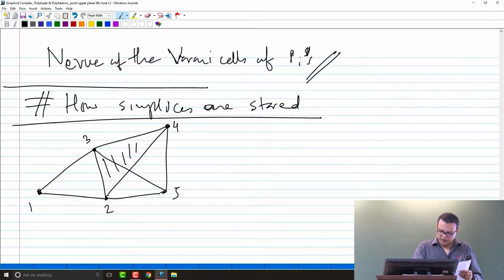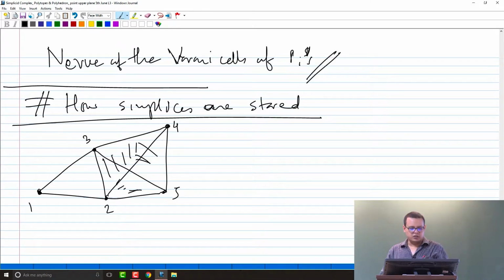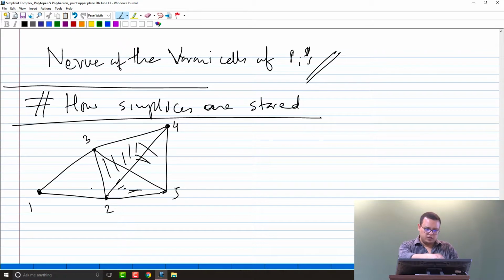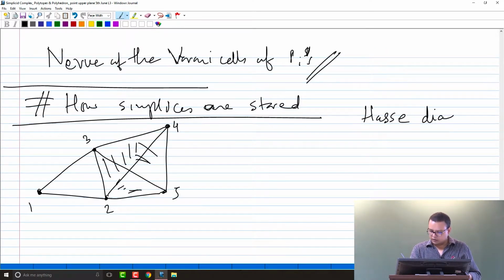This tetrahedron is present also, and all its faces are present. So, this is a simplicial complex: the edges are present, the vertices are present, the whole tetrahedron is present, and all these edges and vertices are present. So, you can store it as a Hasse diagram. What does it look like? You put the empty set at the top.